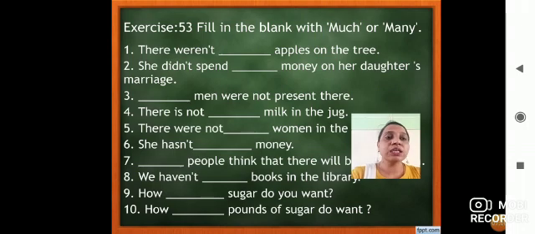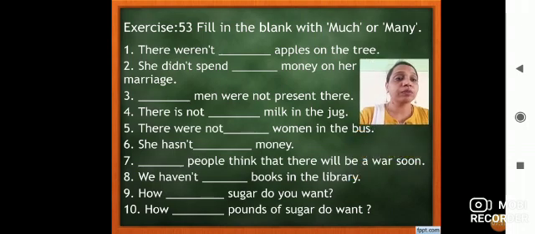There is not much milk in the jug. Uncountable noun. Okay. There were not many women in the bus. Women, countable noun. She has not much money. Many people think that there will be a war soon. We have not many books in the library.